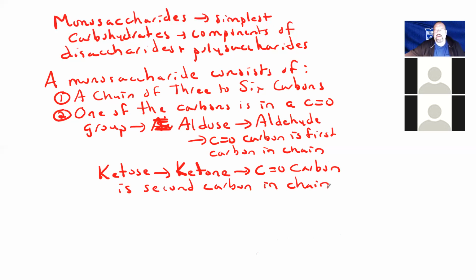I guess in theory, even with the aldehyde group, it could be at the bottom. But because the most highly oxidized group is written towards the top, the aldehyde group really has to be the first carbon. It just turns out that for your ketoses, the C double bond O carbon is really in the same position, the second carbon in the chain, as the carbon chain is written vertically with the most highly oxidized group towards the top.